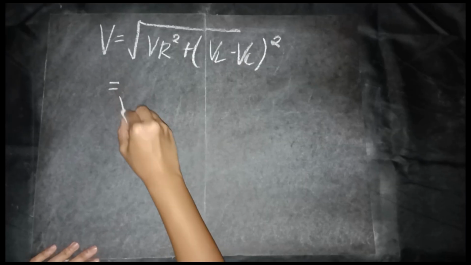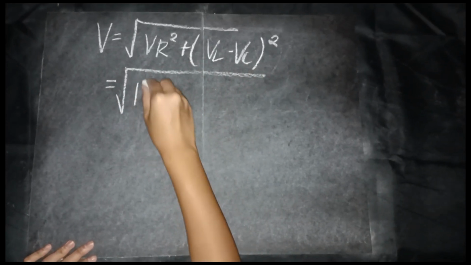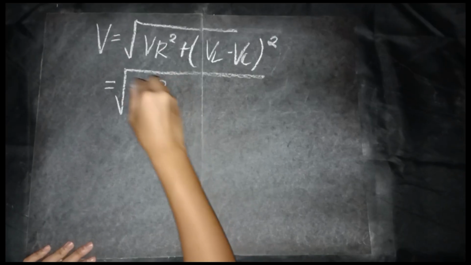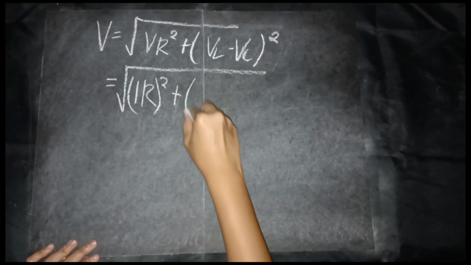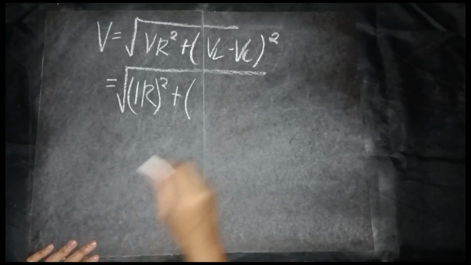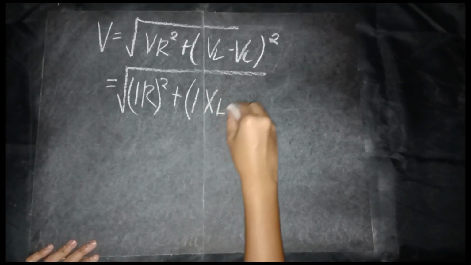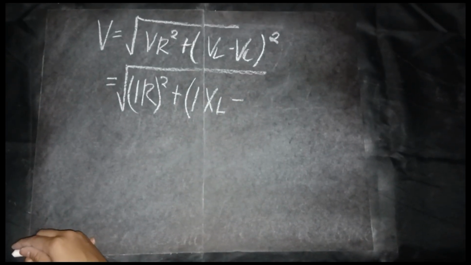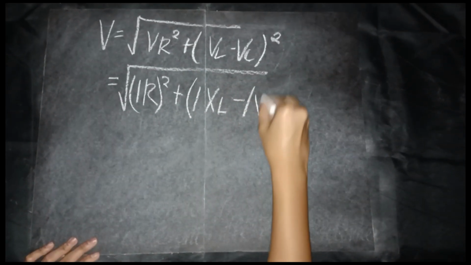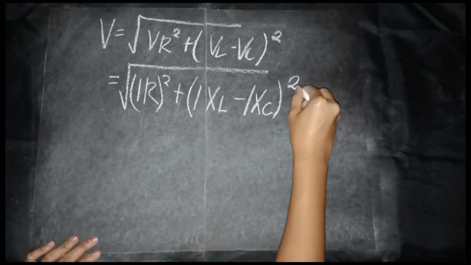And the first step we are going to do is to substitute the values in terms of current, where it is the square root of IR squared, since VR is equal to IR, plus IXL, since VL is equal to IXL, and IXC, since the value of VC is equal to IXC.